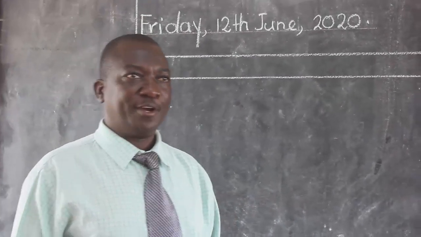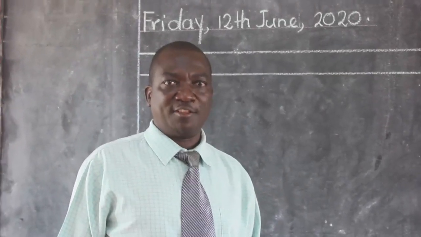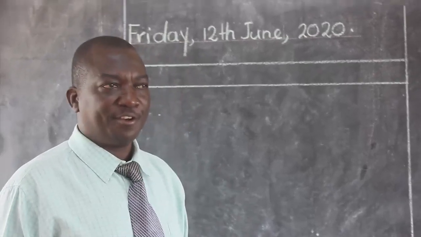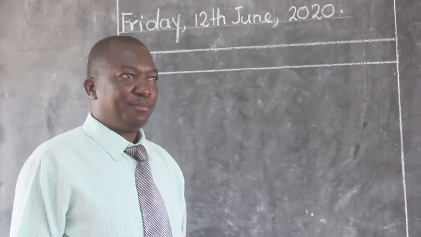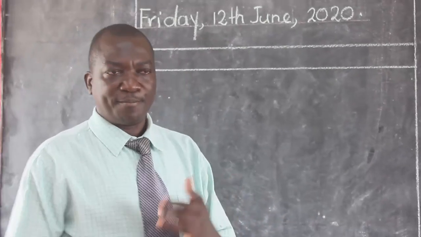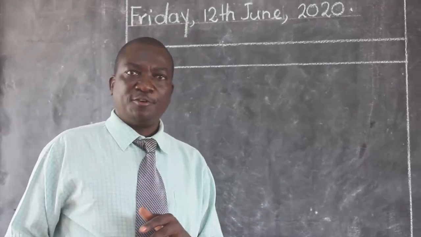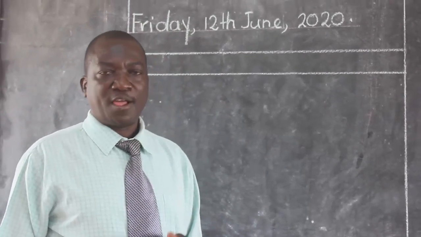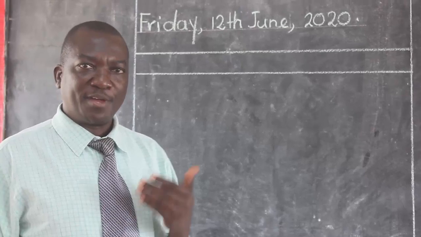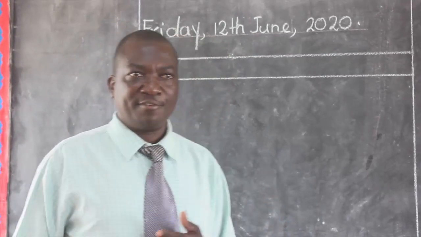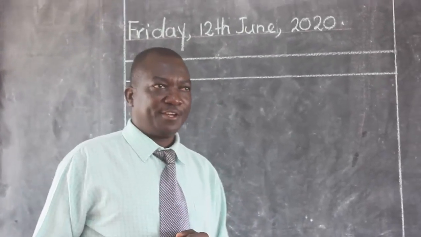You remember very well last time we had our lesson concerning vegetation in Africa. You remember we looked at very many things. One, we looked at the definition of vegetation. Two, we looked at the different types by explanation, that is natural vegetation and artificial vegetation.